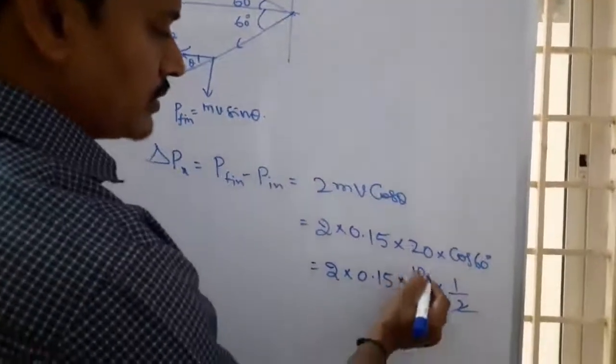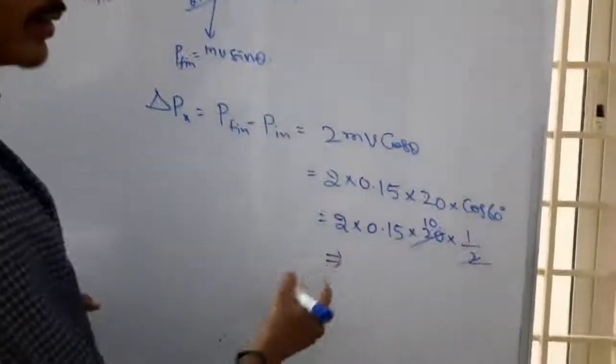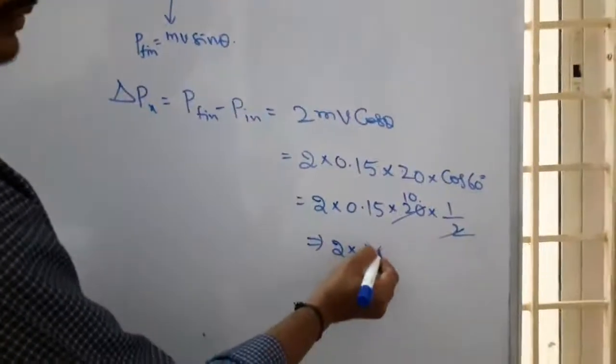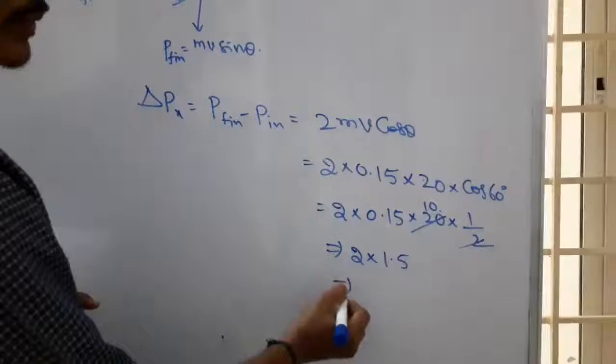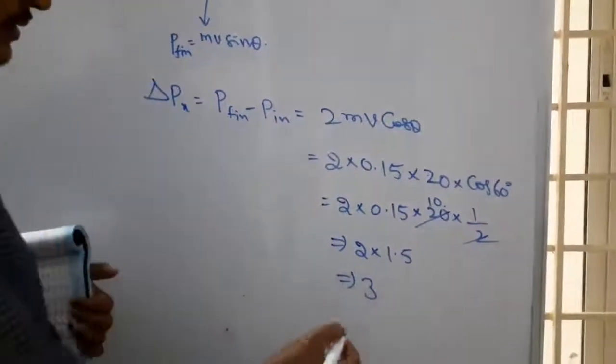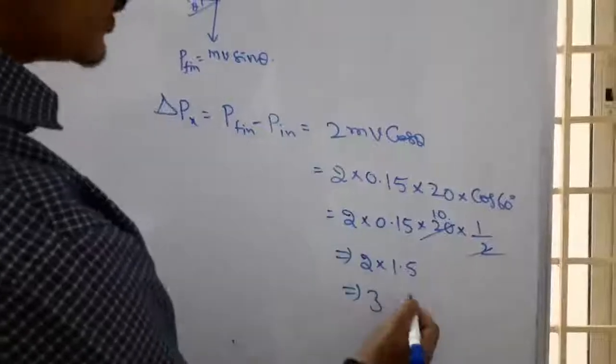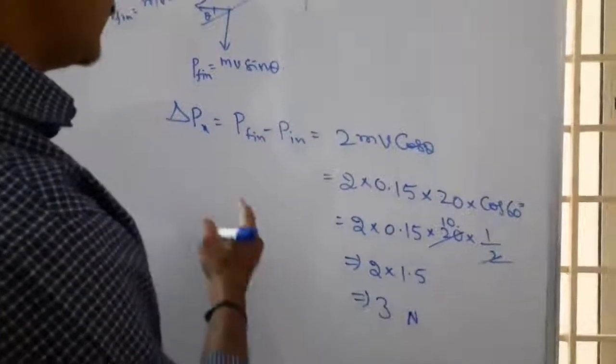So 2 into 1.5, therefore 3 newton seconds.